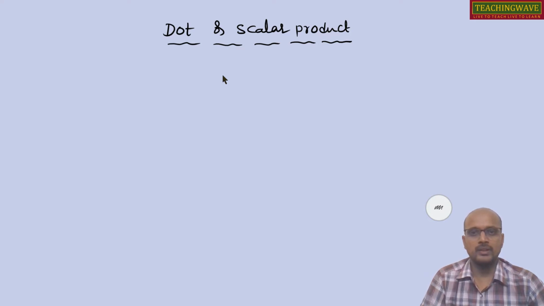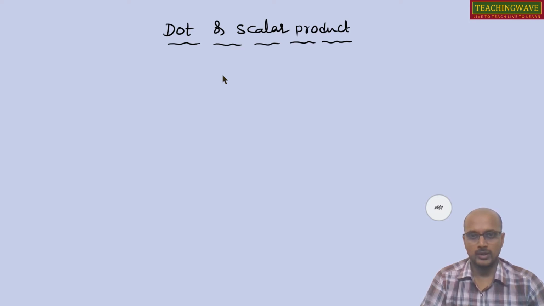The product between any two vectors is classified into two categories, because the output of the product of two vectors is either a scalar or a vector quantity.